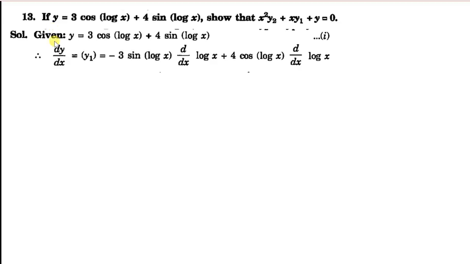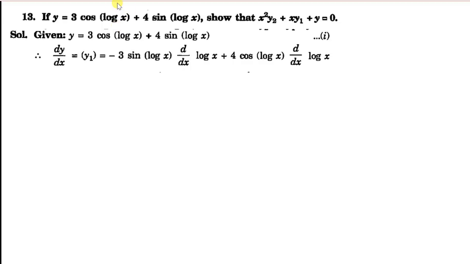So first of all, we have to differentiate it with respect to x. We get dy by dx equal, the differentiation of cos is minus sine, so we get minus 3 sine log x.